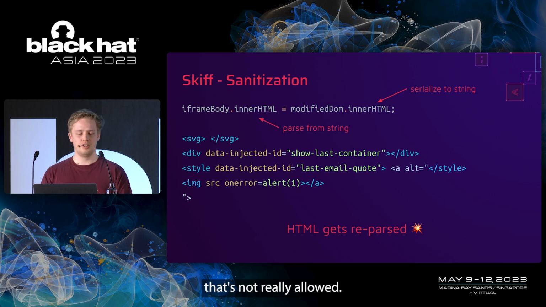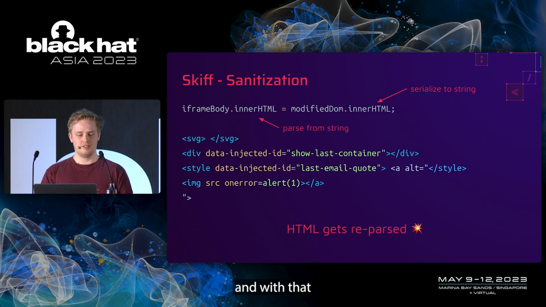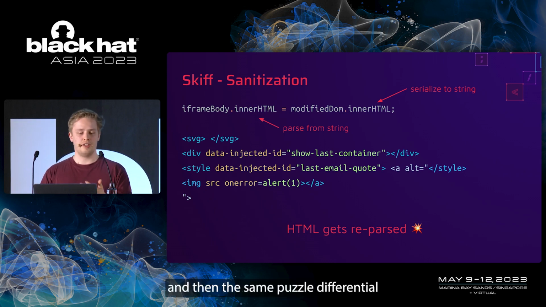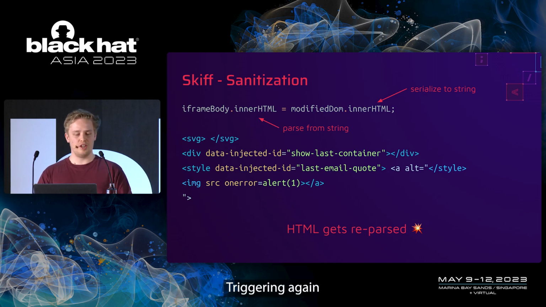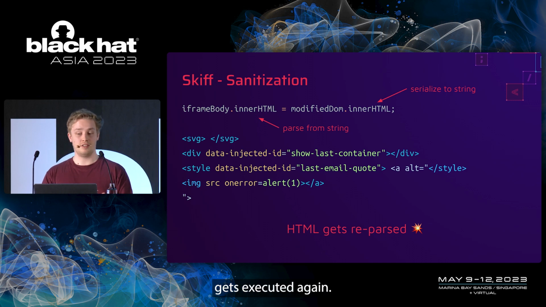That's not really allowed. Let's move this div tag outside of the SVG tag. And with that, everything after the div tag gets also moved outside. And then the same parser differential between how style tags are parsed within an SVG tag and in regular HTML is triggered again, just as I explained it for ProtonMail, and JavaScript gets executed again.